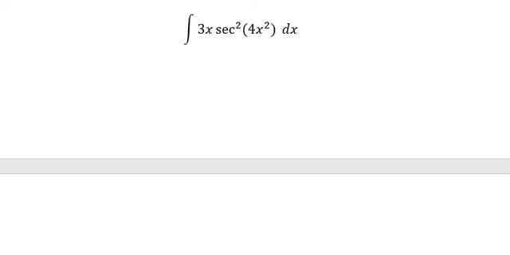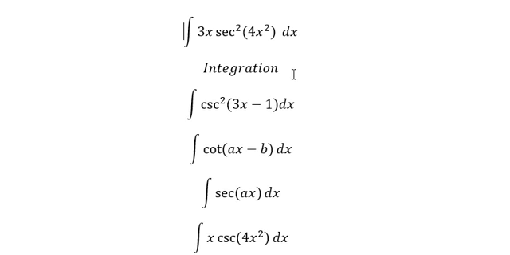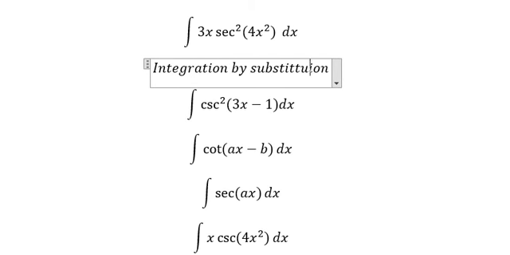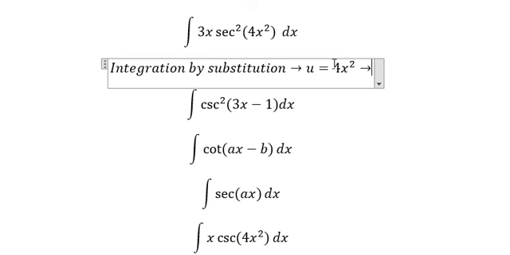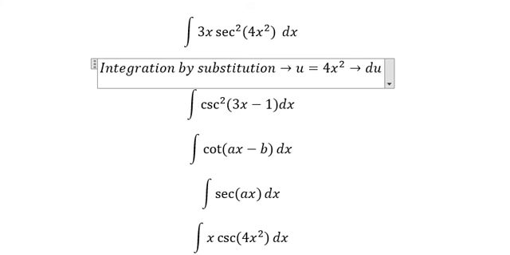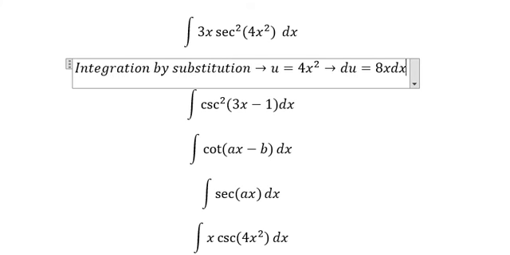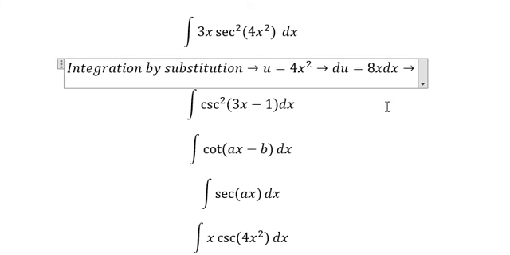Next, we need to use integration by substitution. So I will put u equal to 4s squared. So if we do the first derivative for both sides, you got du equal to 8s ds. So we divide both sides by number 8 because we don't have number 8 in here.